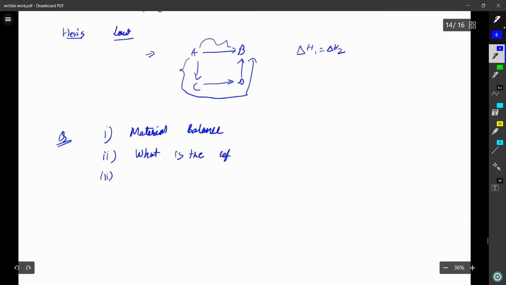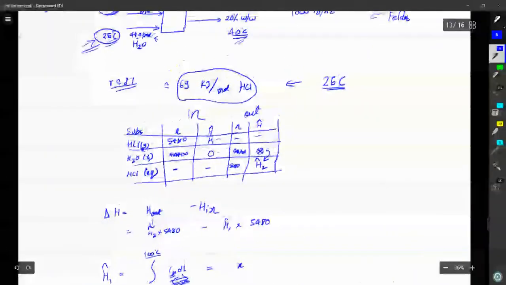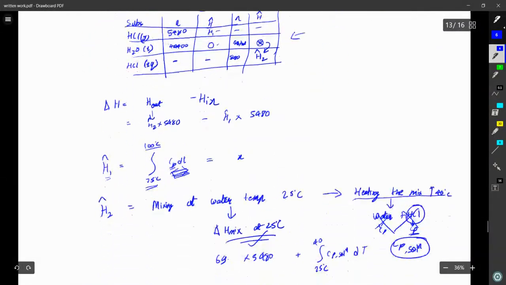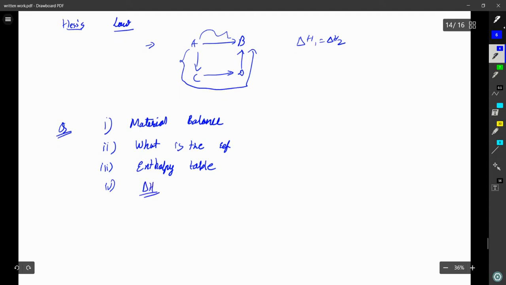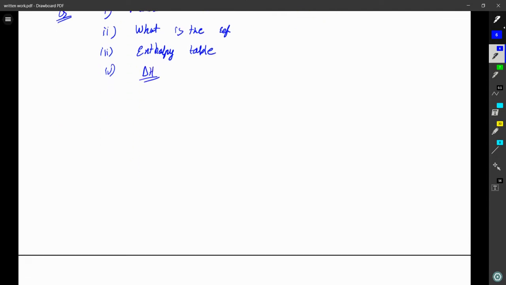Third, after finding the reference, you do the enthalpy table as we had drawn here, a neater one, but yeah, you need to draw an enthalpy table, and then finally get delta H. There's a small catch in this. There are two ways of solving: either you do it with delta H of reaction, or you can proceed with H of formation.